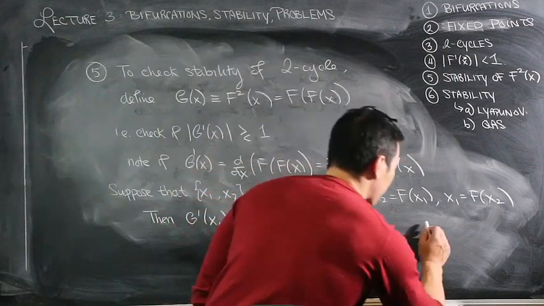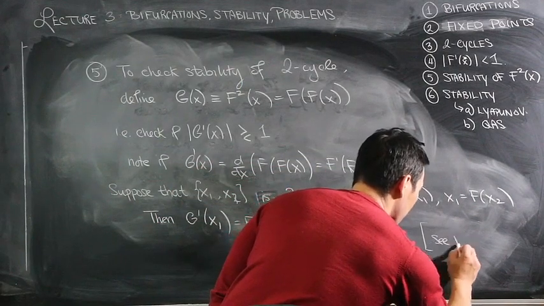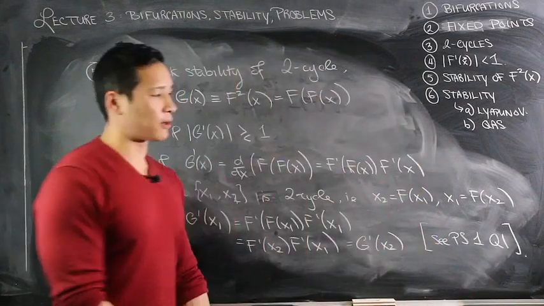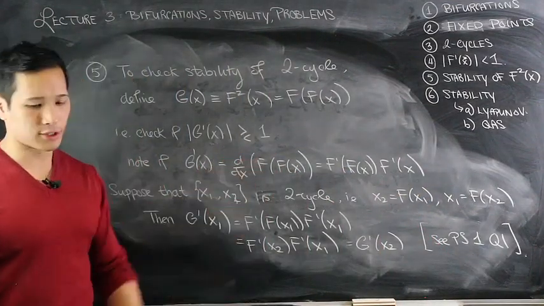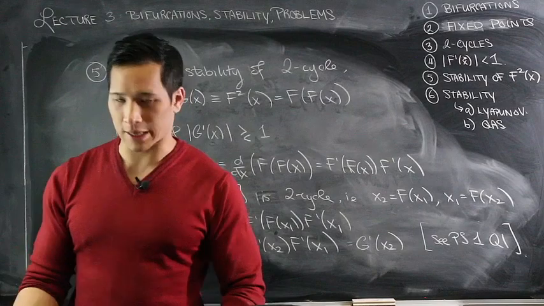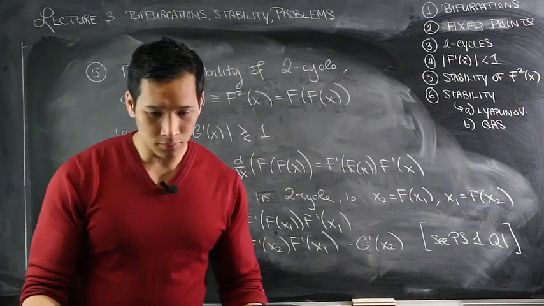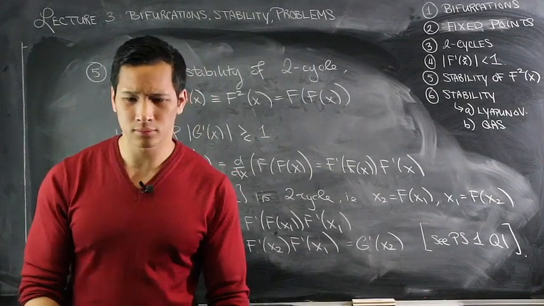And so I'll give you a reference here, so see problem set 1. I think it's question 1. So part of question 1 is to get you to investigate this property. Question 2 asks you to generalize that property to n cycles. Okay.